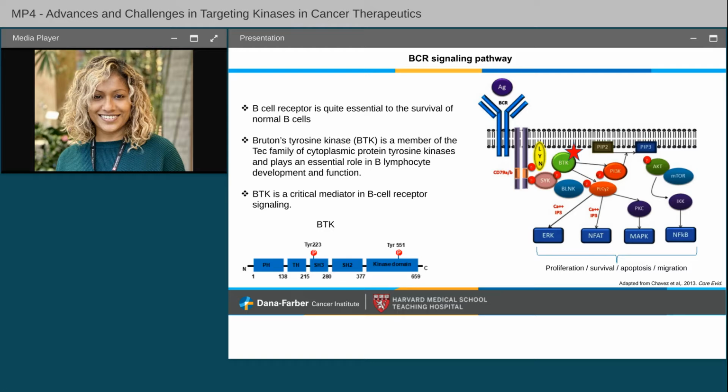Now the immediate downstream substrate of BTK is PLC gamma 2, which then gets phosphorylated by BTK. And this triggers a cascade of events, all signaling down from the BCR pathway. This pathway activates transcription factors that are significant for decisions such as proliferation, survival, apoptosis, and migration of B cells. So BTK enhances the signal between the B cell receptor and the nucleus.